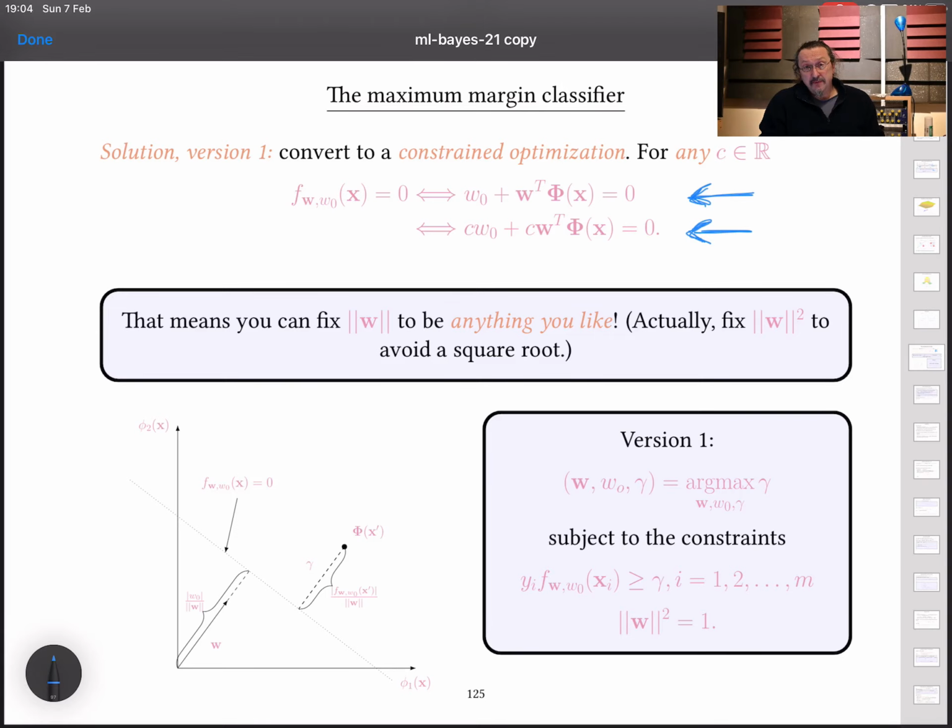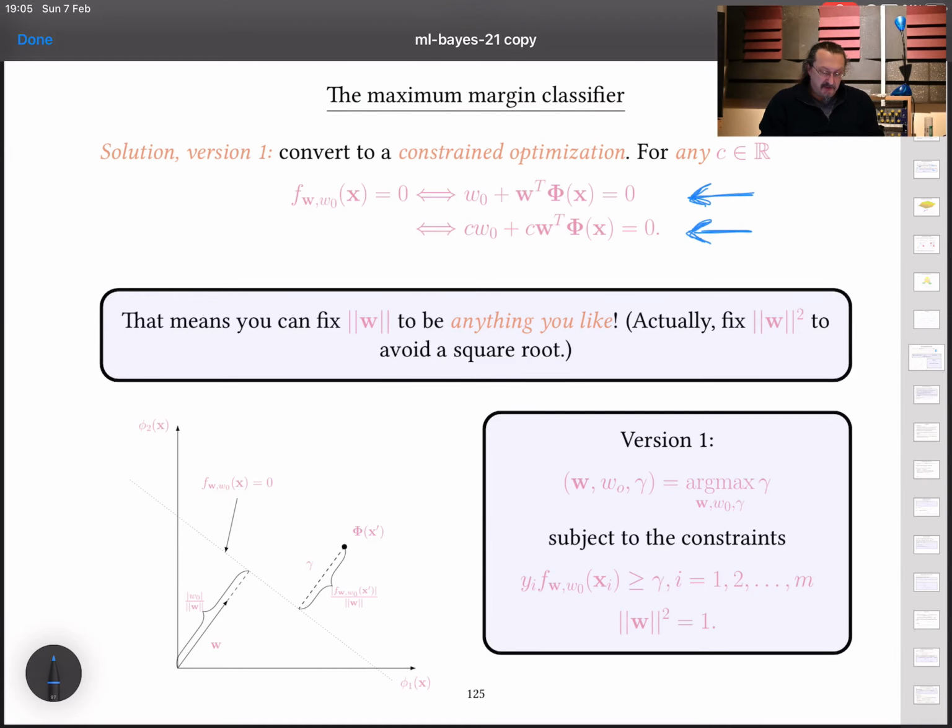So that means that we can actually fix the mod of the weight vector w to be some specified value. Or in fact, we set mod w squared, because that way we avoid having to take a square root that's involved in computing the modulus. Now, the advantage of that may require a little bit of thought. It's geometrically fairly straightforward, but you may have to just mull this over a little bit to really get your head around it.